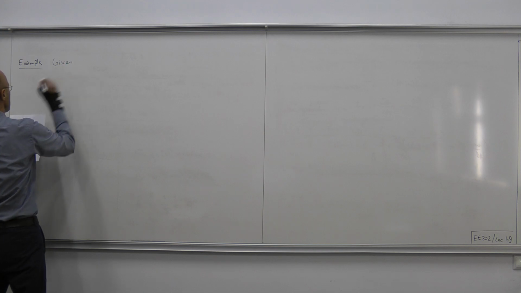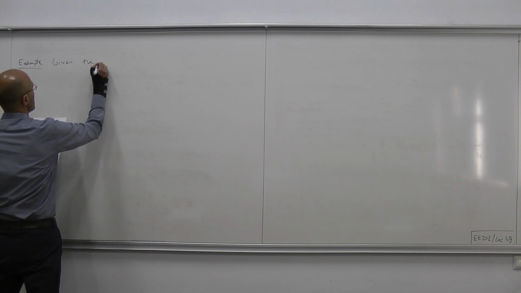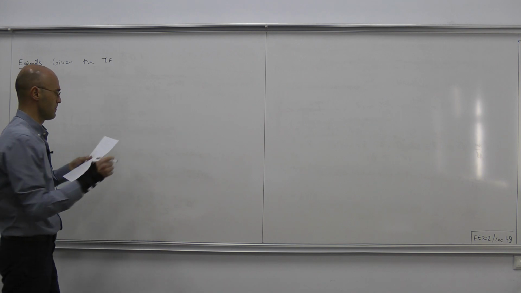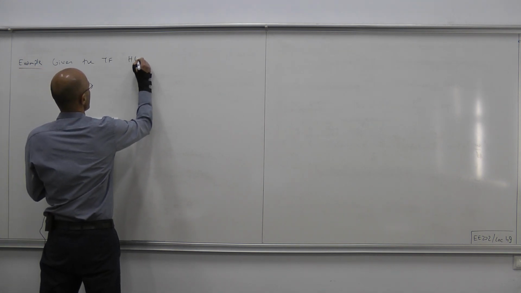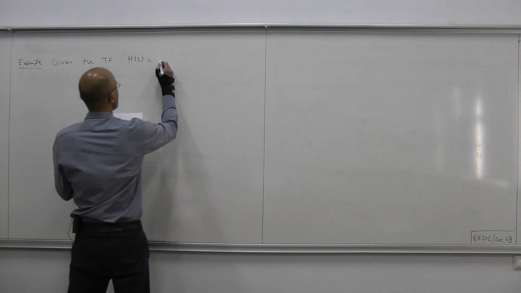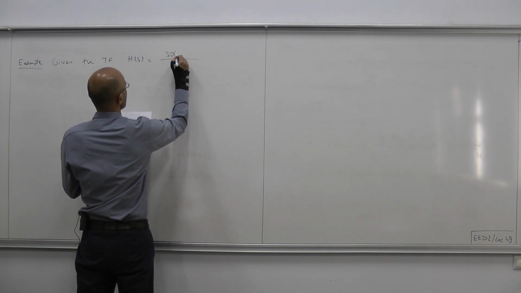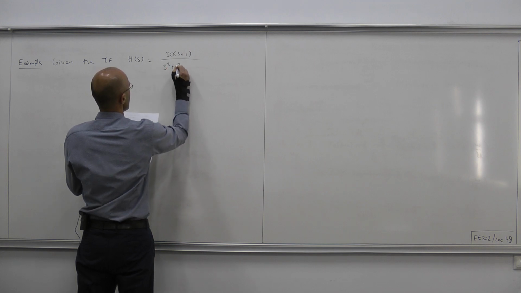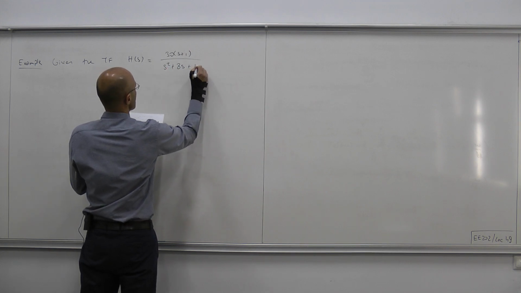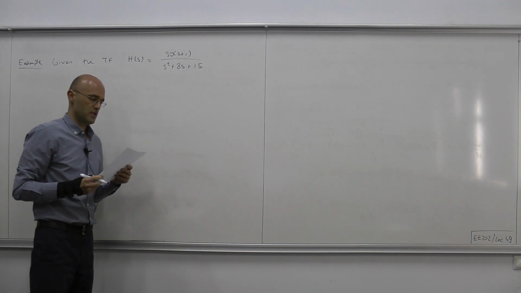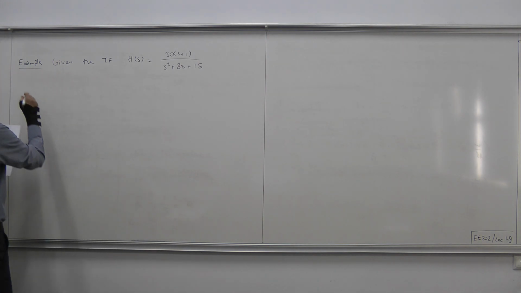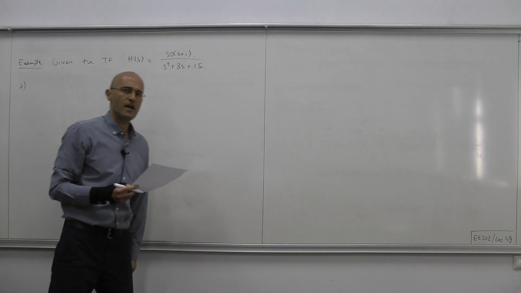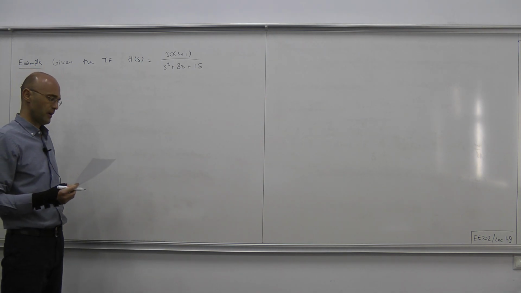Given the transfer function of some filter, let's say H of s equals (30s + 30) over (s squared plus 8s plus 15). Okay, we have to figure out the gain and phase characteristics.